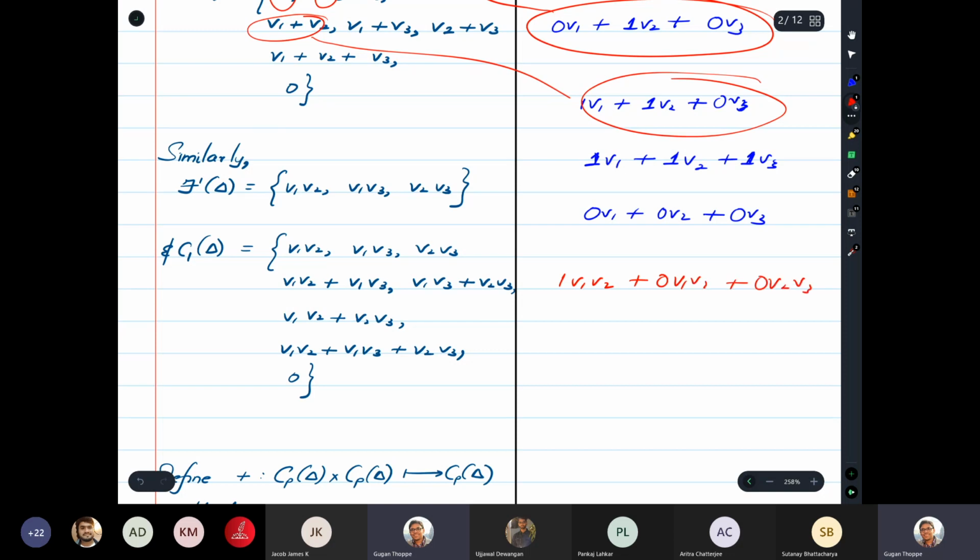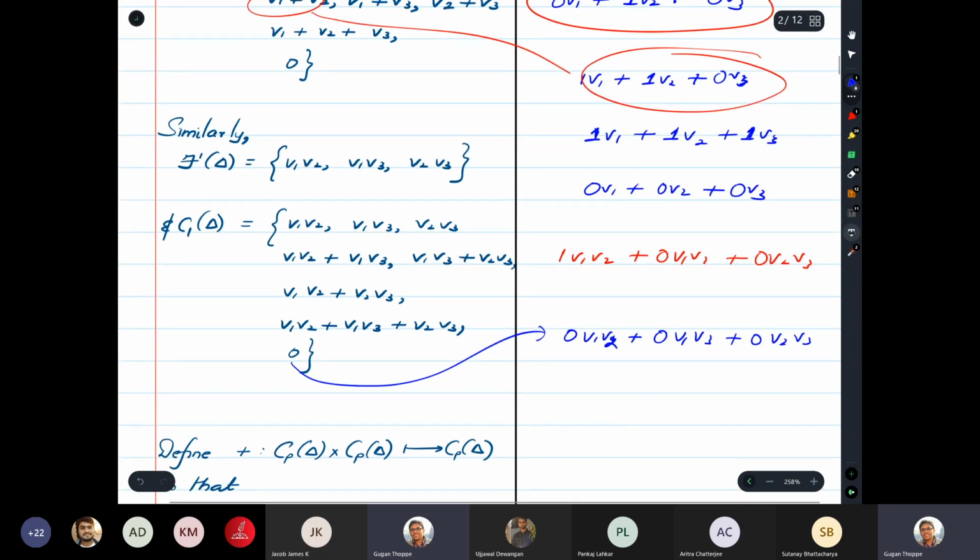This is equivalent to V1, V2. Similarly, you have V1, V3, V2, V3, and so on. Finally, you have V1, V2 plus V1, V3 plus V2, V3, and you also have 0. The 0 here again refers to 0 V1, V2 plus 0 V1, V3 plus 0 V2, V3.